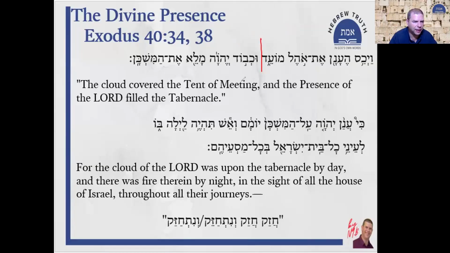How about the second sentence? What is the verb in the second sentence? This one, to fill. Maleh. Maleh, very good. Maleh is the verb, but it's a different kind of verb.